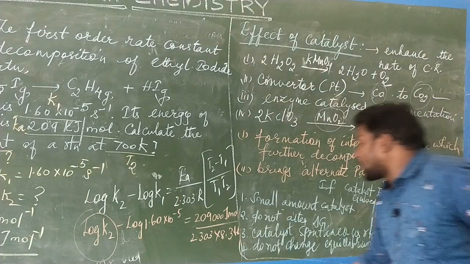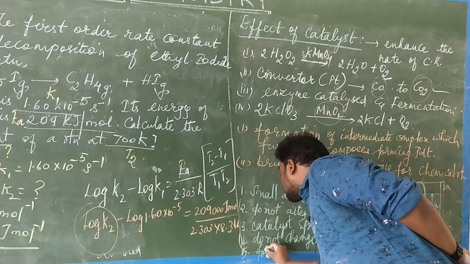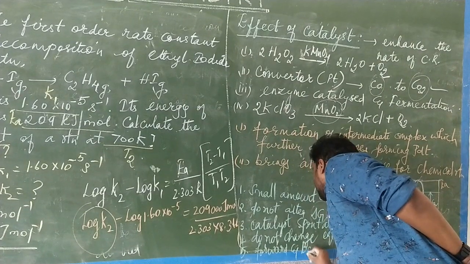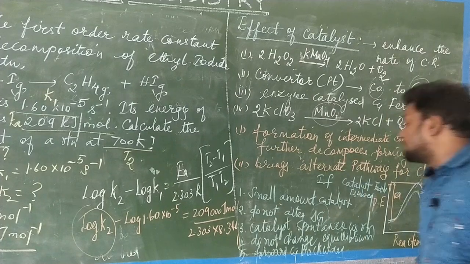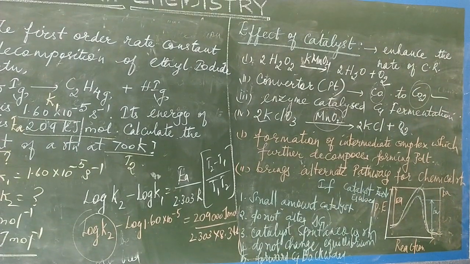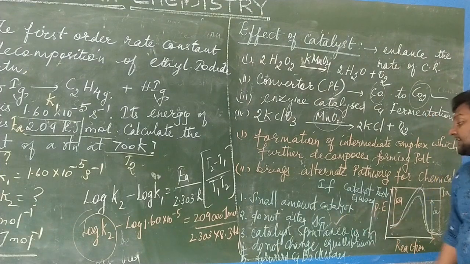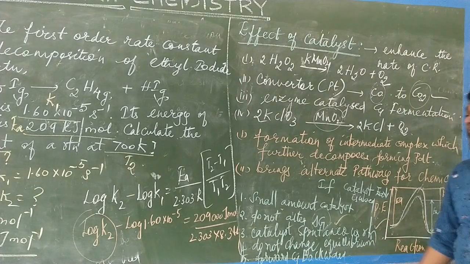And the last point, the catalyst enhances both the forward and backward reactions. So a small amount of catalyst can be used and it will not alter the delta G value. A catalyst brings about the spontaneous reaction, does not change the equilibrium value, and catalyzes both the forward and backward reaction.